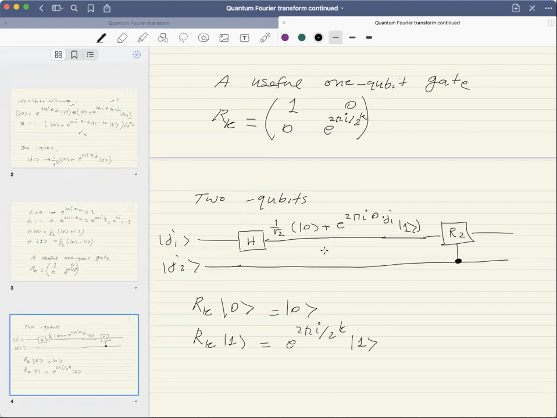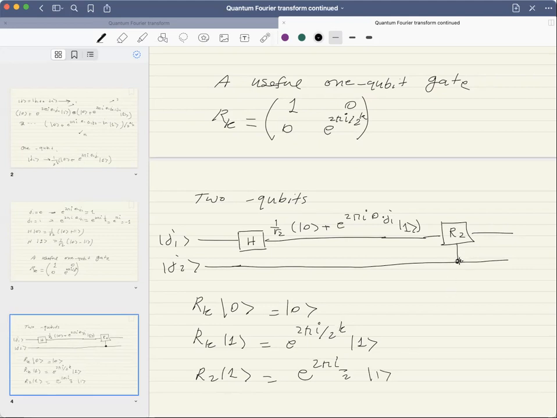And it hits this with e to the 2 pi i, so R2 times 1 then is e to the 2 pi i over 2, state 1.